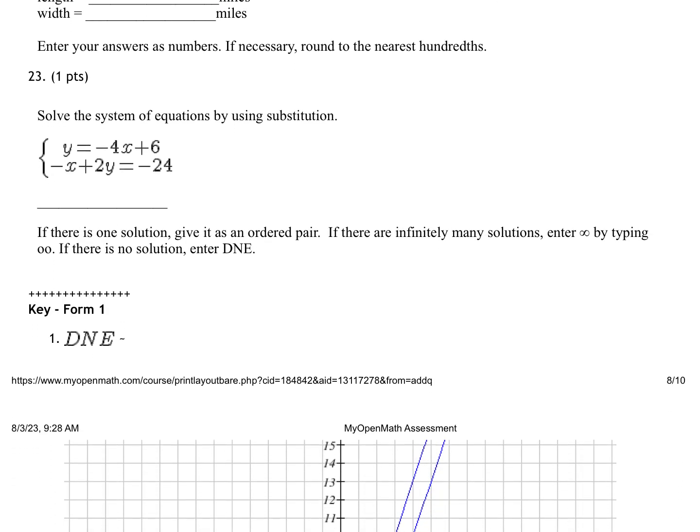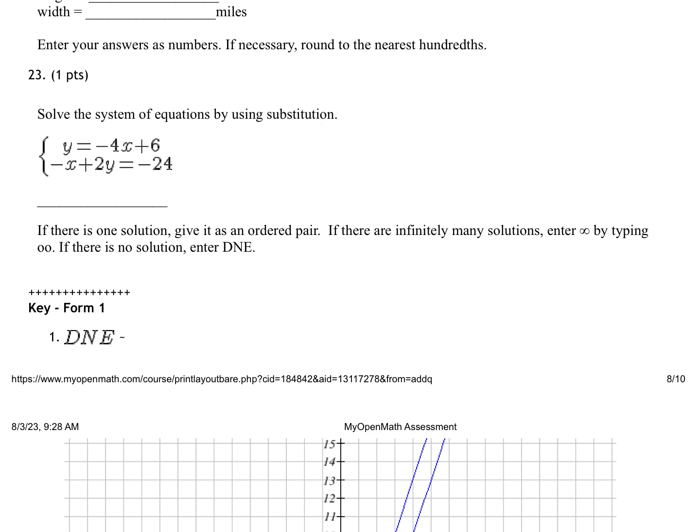Okay, let's look at number 23. Number 23 is asking you to solve the system of equations with substitution. So for this one, you're substituting in the top one because it's already solved for y into the bottom equation.